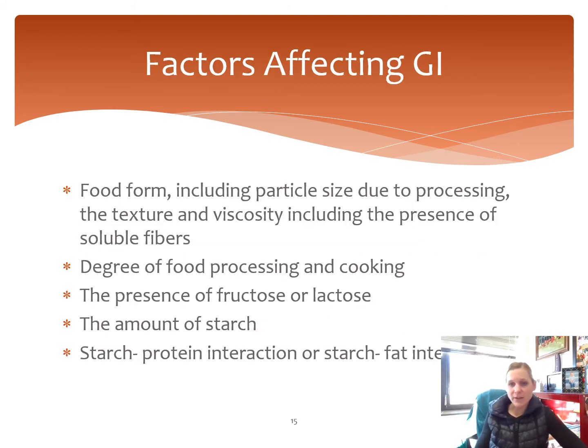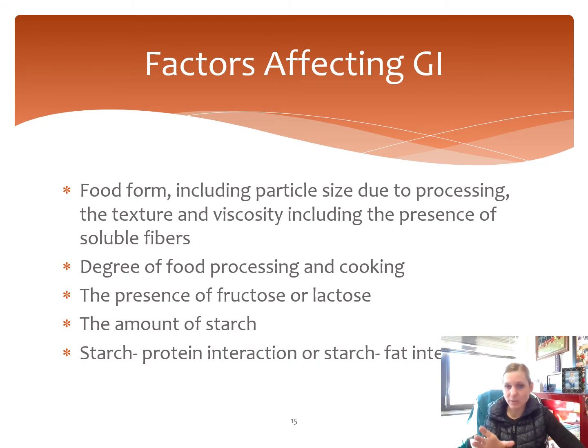So what are some of the factors that determine what the GI level is for a particular food? It's not just the item, right? It's not just, am I eating a piece of bread or not? We have to also look at many other things. For example, the starch-protein interaction or the starch-fat interaction.